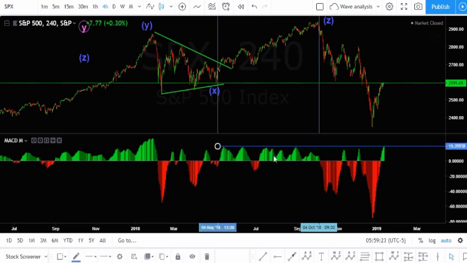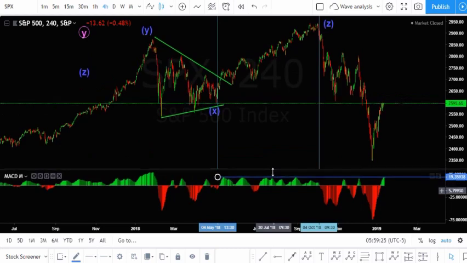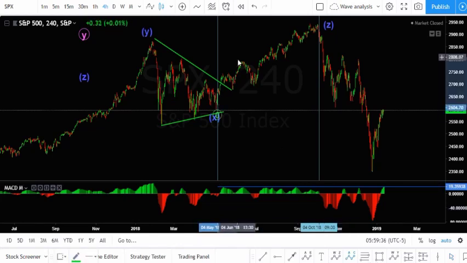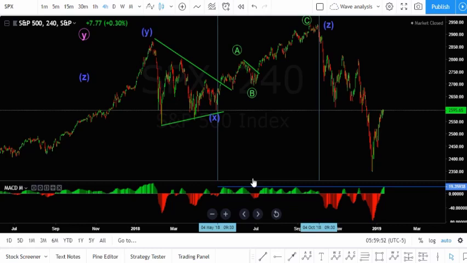And yes, we actually did have divergence. So now this becomes a ABC. A, B, C. And we mark our correction. There was our correction.